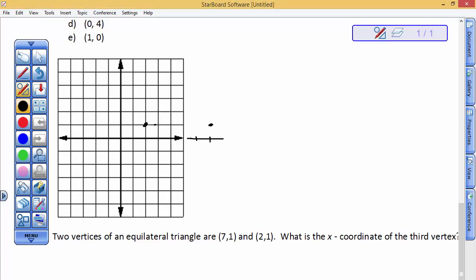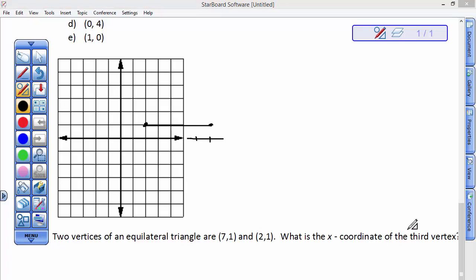The length of that line is 5, and so I've got to draw a line from here to here that is 5 units long and that is 5 units long here as well. I just realized I asked you only for the x-coordinate of the third vertex.